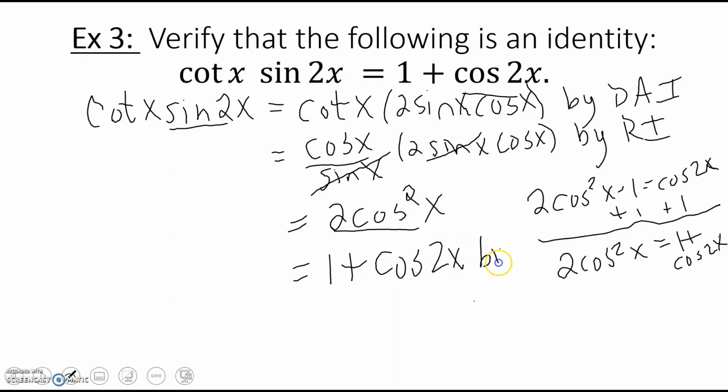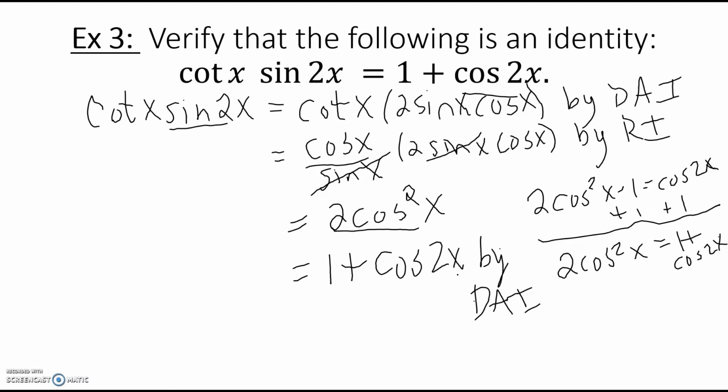And that's by the double angle identity. And that's what we were trying to show, that cotangent of x times sine of 2x is equal to 1 plus cosine of 2x. And so we've verified it, and we are finished, okay?